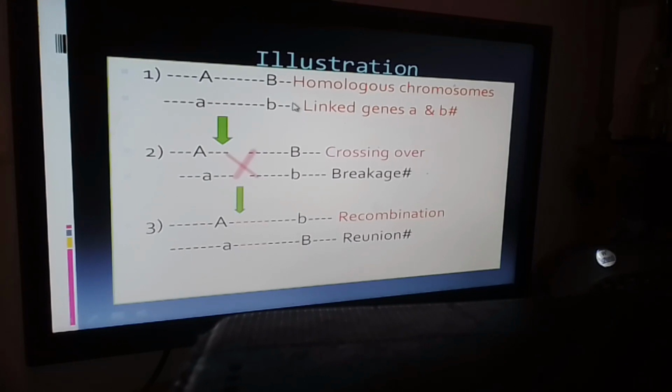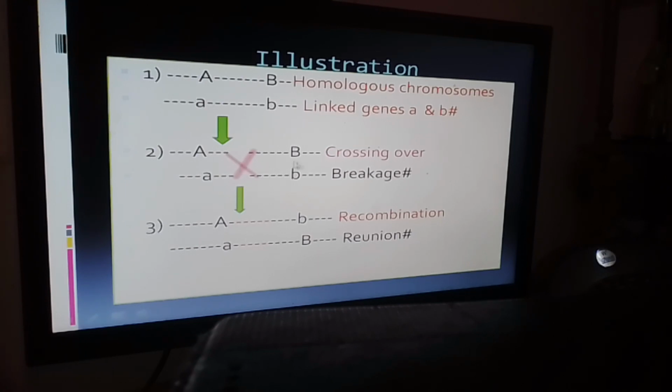So linkage is the arrangement of genes on a particular chromosome, and at the time of meiosis, particularly the anaphase stage, there is the possibility for crossing over. You cannot assume this crossing over may occur between all the genes available on the length of the chromosome.